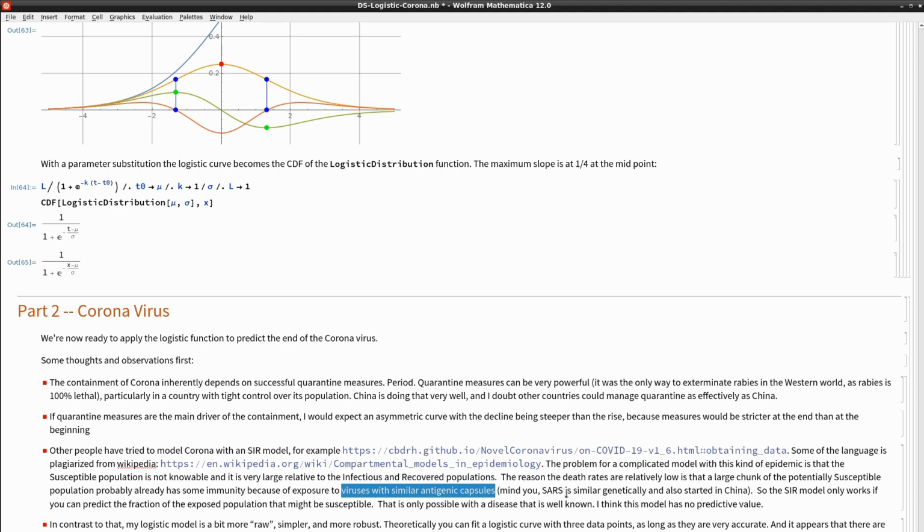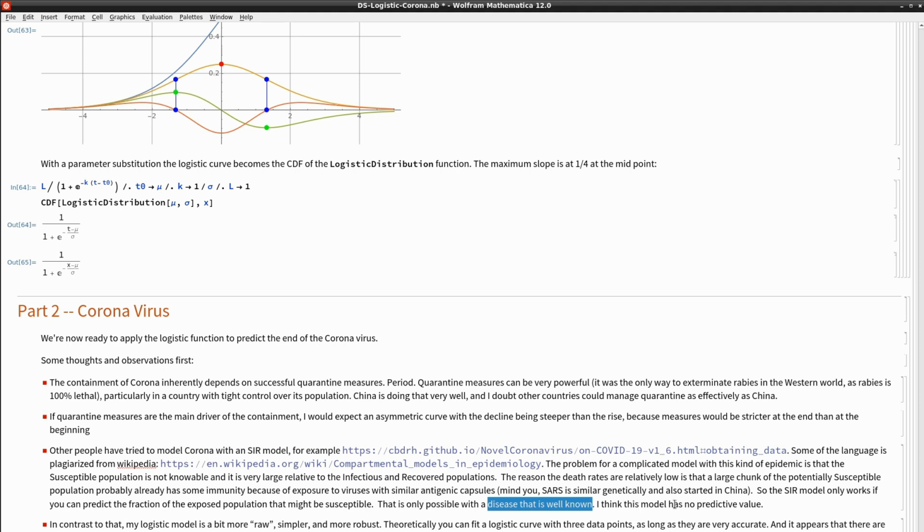And mind you, I remind you that SARS is similar genetically, and it also started in China, right? And they're both most likely borne by rats or by bats. They're very similar genetically, and they're both transmitted by rats. So that means the SIR model only works if you can predict the fraction of the exposed population that might be susceptible. But that is only possible with a disease that is well known.